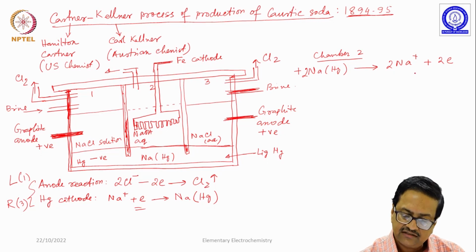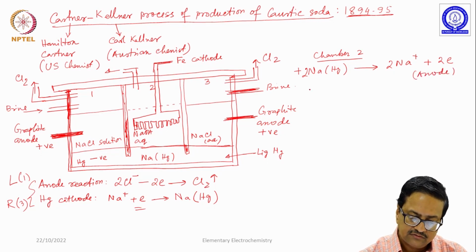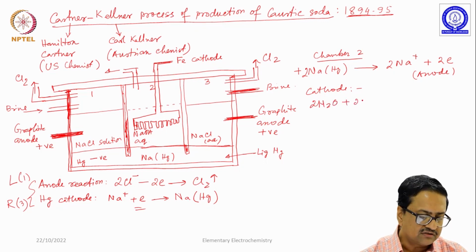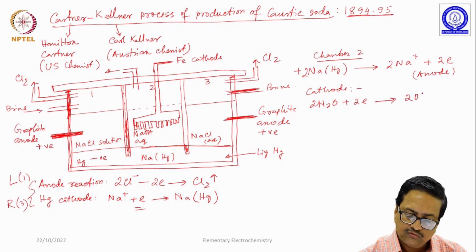This is happening at the anode, and at the cathode we have the hydrolysis of water: 2H2O taking up 2 electrons, generating 2 OH minus and hydrogen gas.